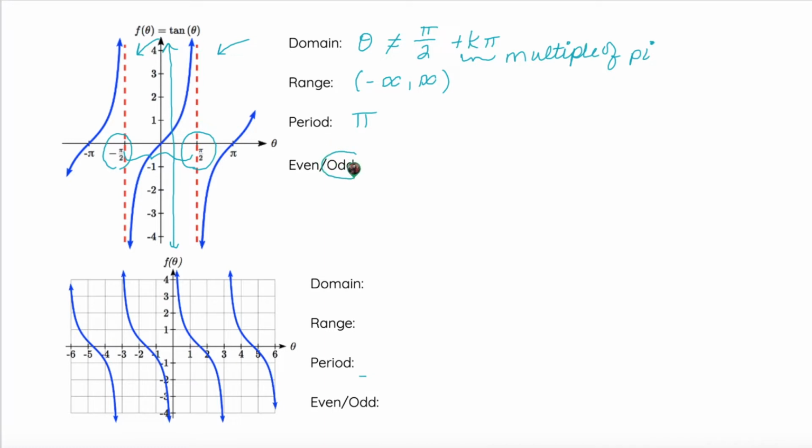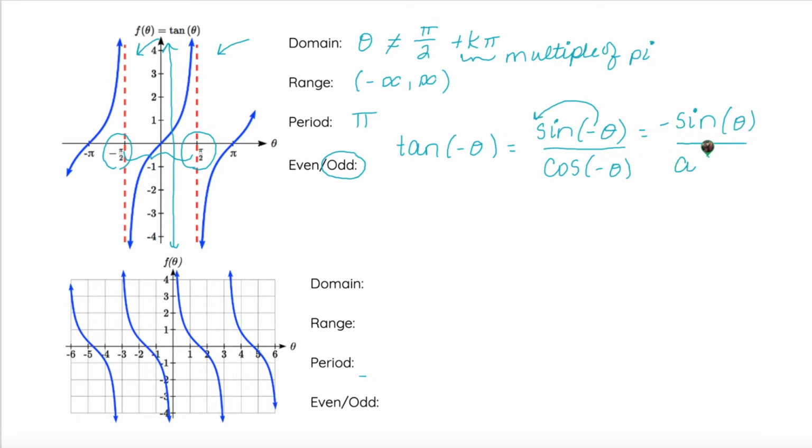It's an odd function because if I have tangent of negative theta, we know tangent is the same as sine over cosine, so sine of negative theta over cosine of negative theta. Based on our even and odd functions from our last lesson, I know that when I have sine of negative theta, I can bring that negative to the outside.